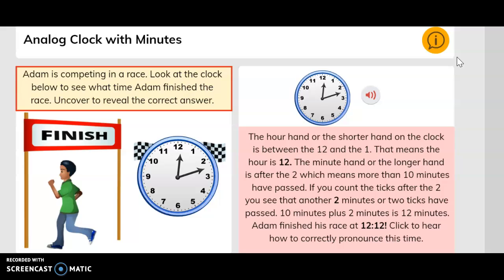The minute hand, or the longer hand, is after the 2, which means more than 10 minutes have passed. If you count the ticks after the 2, you see that another 2 minutes or 2 ticks have passed. 10 minutes plus 2 minutes is 12 minutes. Adam finished his race at 12:12. Click to hear how to correctly pronounce this time.